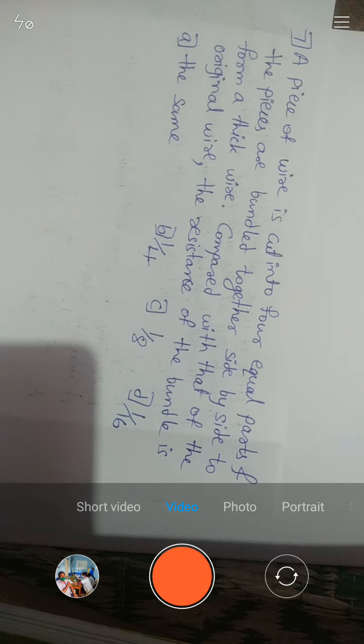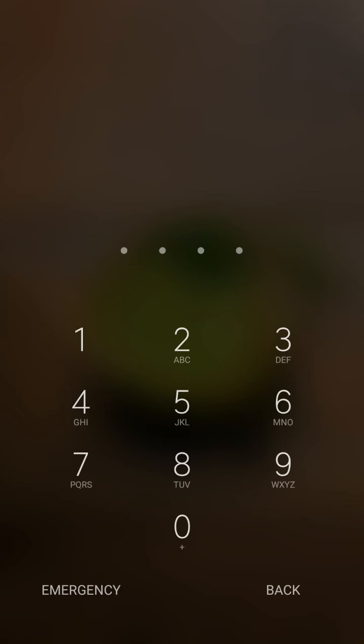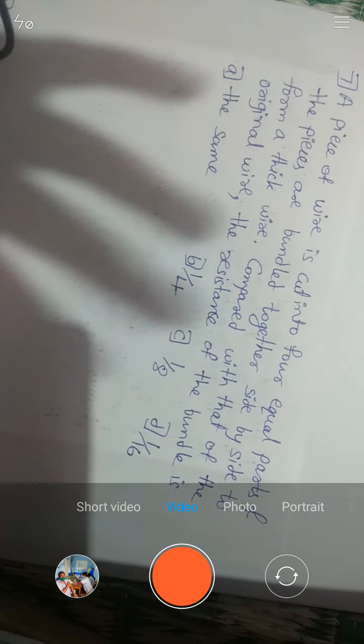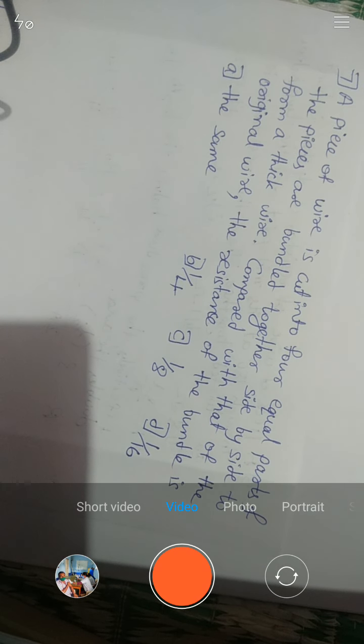Compared with that of the original wire, the resistance of the bundle is: option A, the same; option B, 1 by 4; option C, 1 by 8; or option D, 1 by 16.